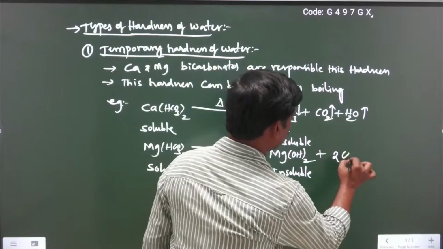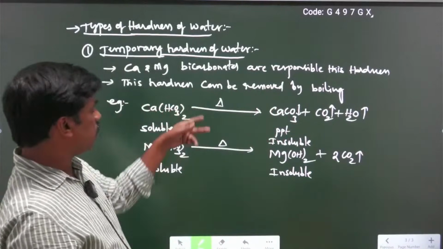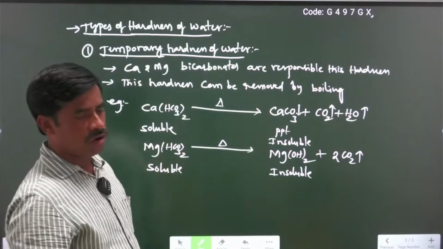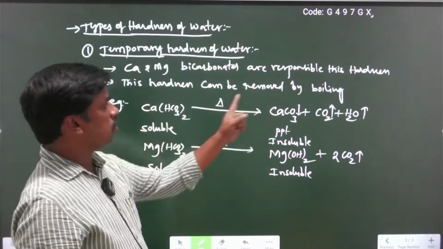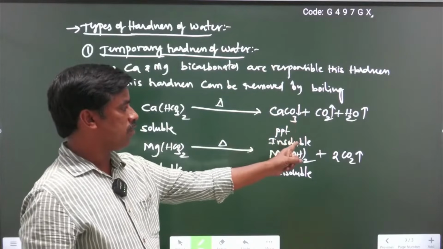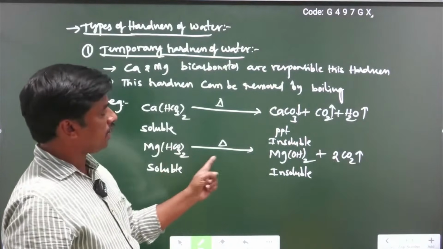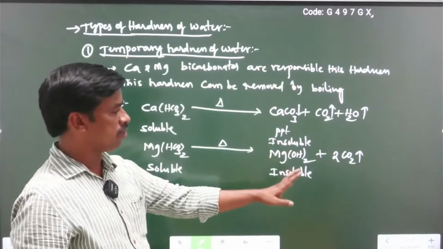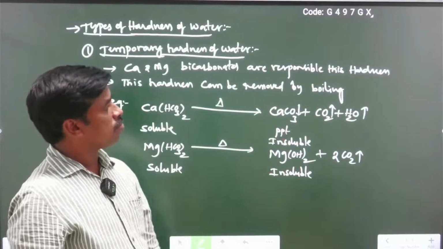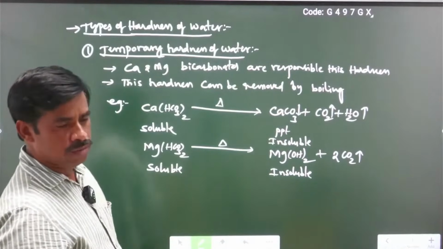Then 2 moles of carbon dioxide are formed. These are the reactions in temporary hardness. On boiling, calcium bicarbonate converts into insoluble calcium carbonate, and magnesium bicarbonate converts into insoluble magnesium hydroxide. By these chemical reactions, temporary hardness can be removed by boiling.